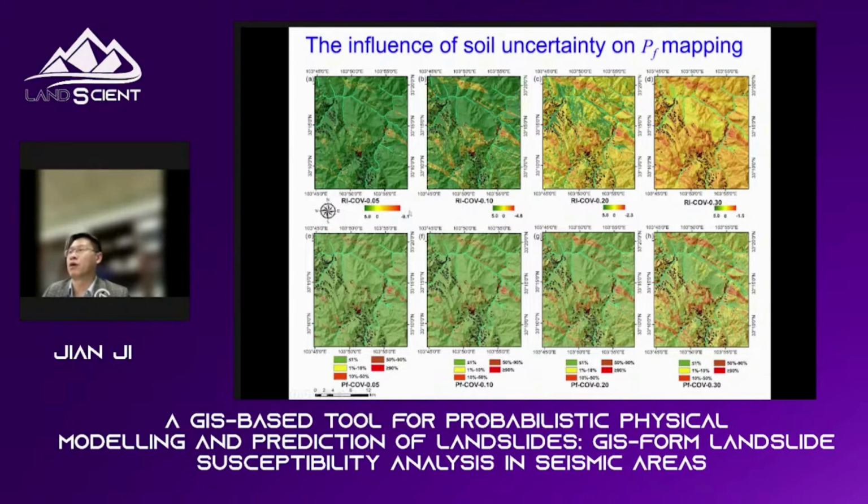We study the influence of the soil property variation in terms of the coefficient of variation of the soil parameters, corresponding to very low, low, medium, and high variation of the soil property. And we present the different mappings and the comparison between them.